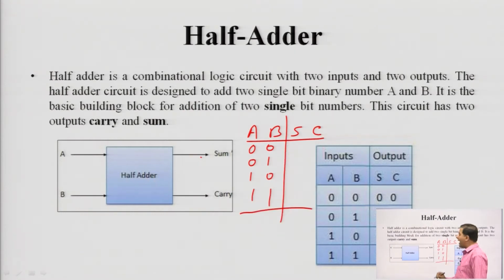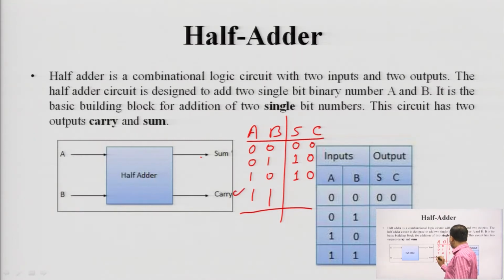If we add 0 and 0 according to binary addition rules, sum will be 0, carry will be 0. If we add 0 and 1, sum will be 1 and carry will be 0. Similarly, if we add 1 and 0, sum will be 1 and carry will be 0.